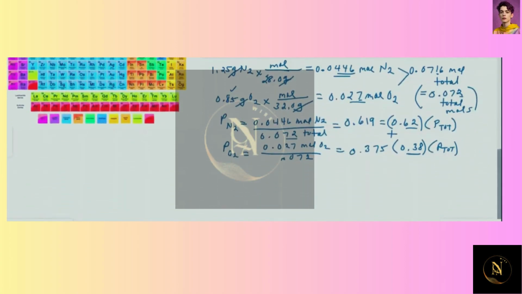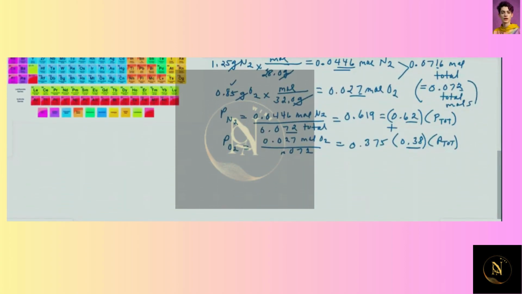Now let's go back down to the problem and plug in that value. We know the total pressure is 1.1 atmosphere. The partial pressure of the nitrogen is 0.62 times 1.1 atmosphere, and the partial pressure of the oxygen is 0.38 times the same total pressure, 1.1.